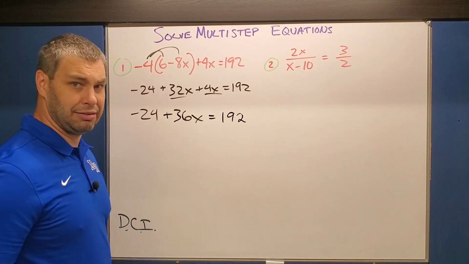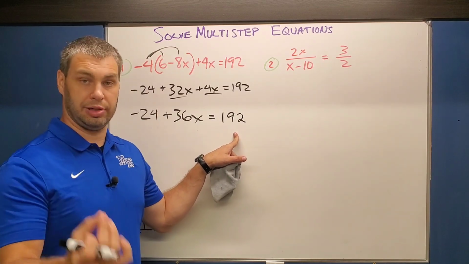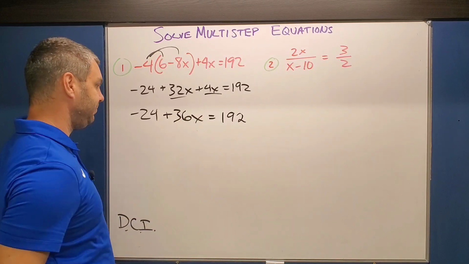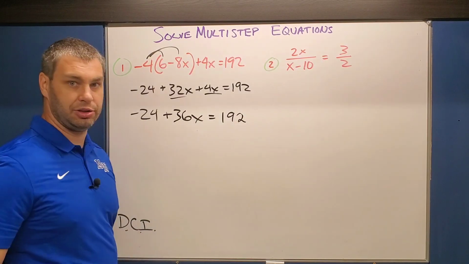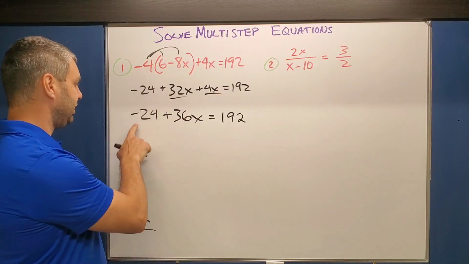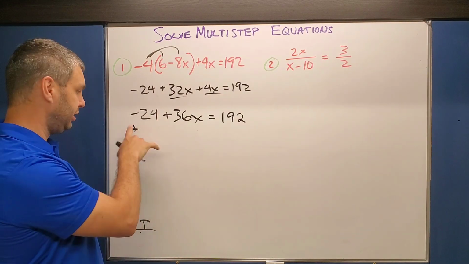Now you might be saying, the 24 and the 192, those don't have any x's, they're just numbers. Correct, but that's our next point, all right? That's going to be inverse operations. So there's nothing left to combine, but I can move this over now using inverse operations. I can't just combine them using the signs that they have because I'm going across the equal sign. So I have to use the inverse. What is the opposite of negative? It is a positive.